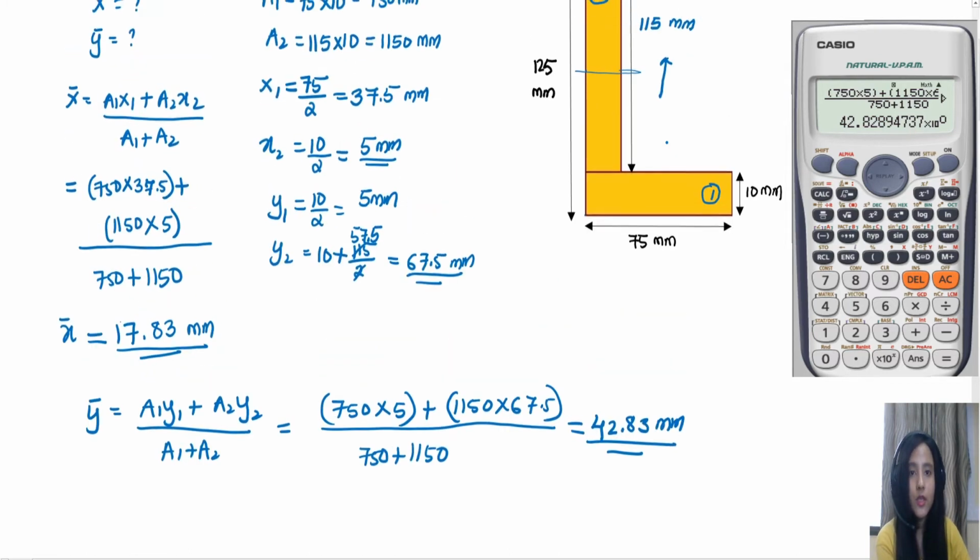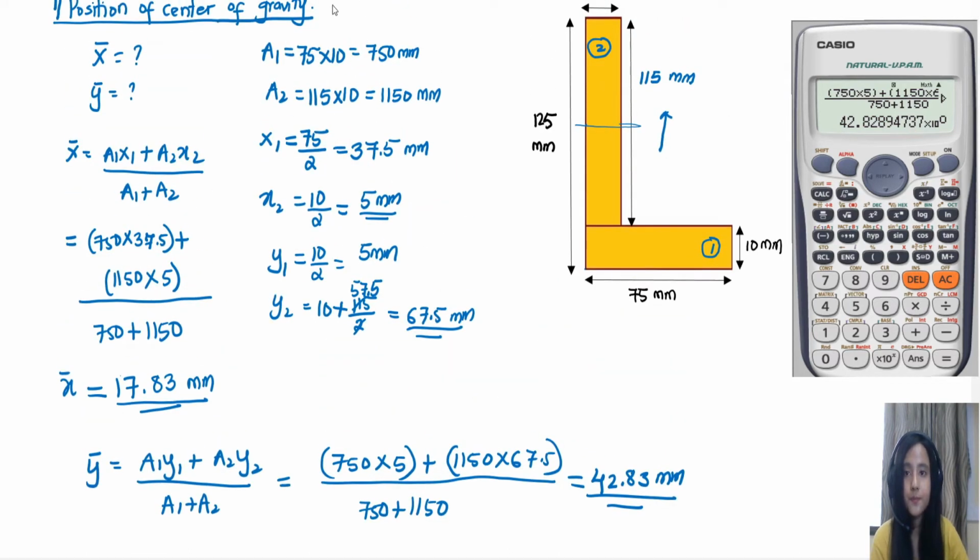So let us find this position here. From x bar it was coming 17.83. If this much is my 10, and half of 75 is 37.5, let us say that my x lies somewhere around here, and y bar, from here to here, is coming 42.83.